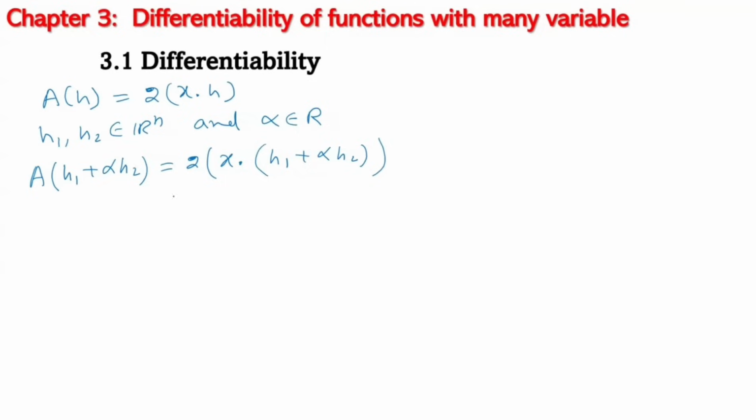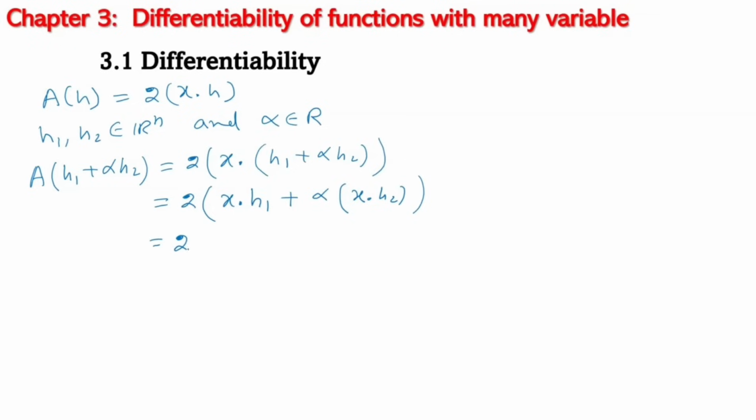Now again, by the distributive properties of the dot product, we can write it as 2 x dot h1 plus alpha 2 x dot h2.